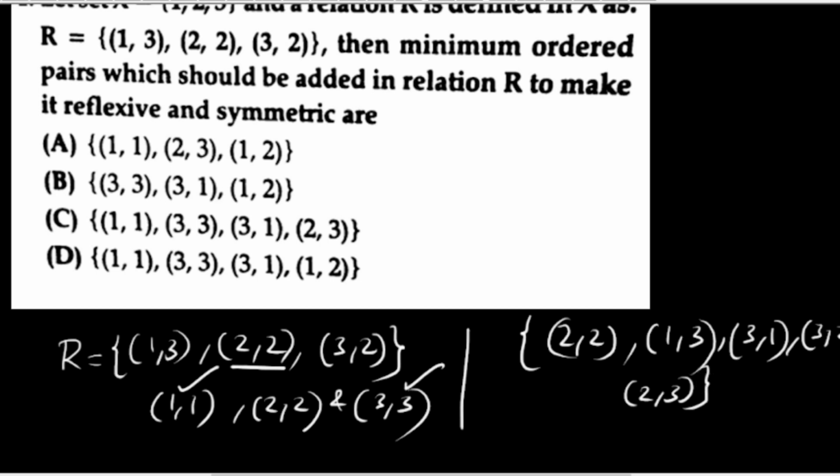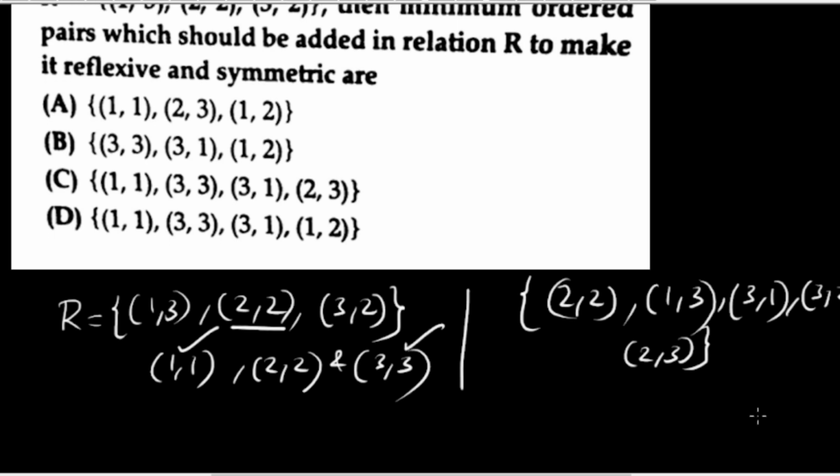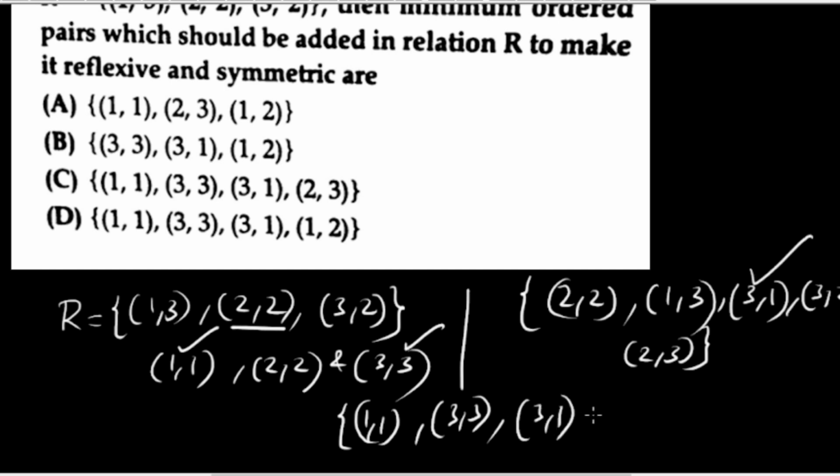So the minimum ordered pairs which should be added in our relation R to make it reflexive and symmetric are (1, 1), (3, 3), (3, 1) and (2, 3). So these are the 4 ordered pairs we should include in our given relation, so that it becomes reflexive and symmetric. The option matching our answer is option C. Option C matches nicely. So this is our final answer.